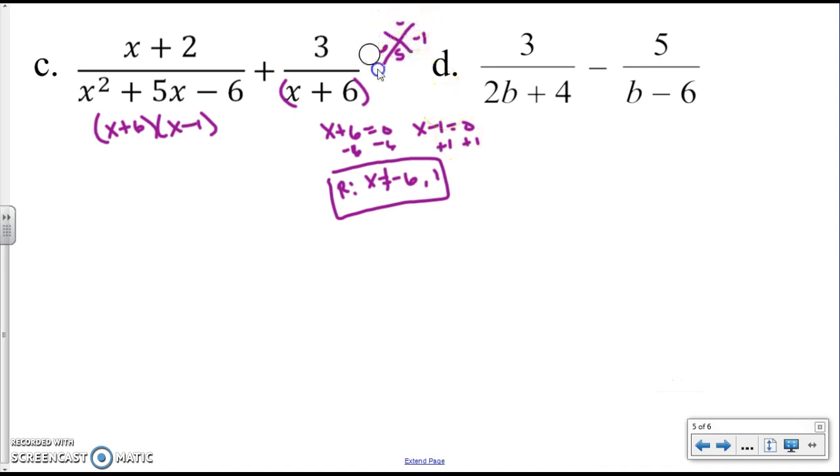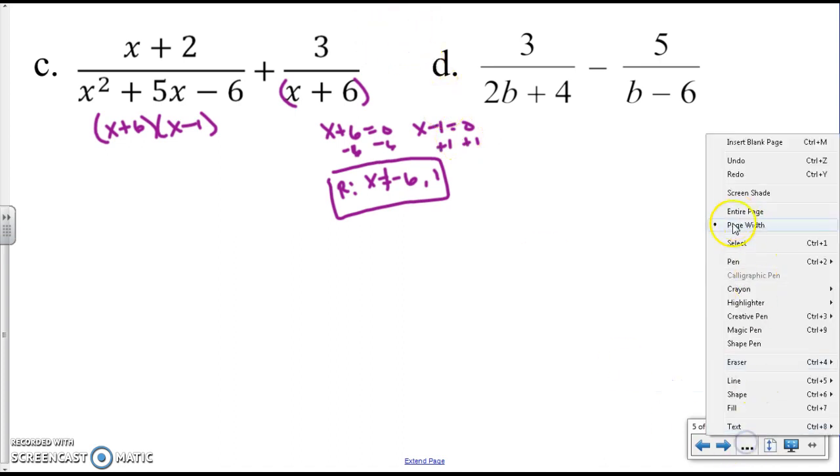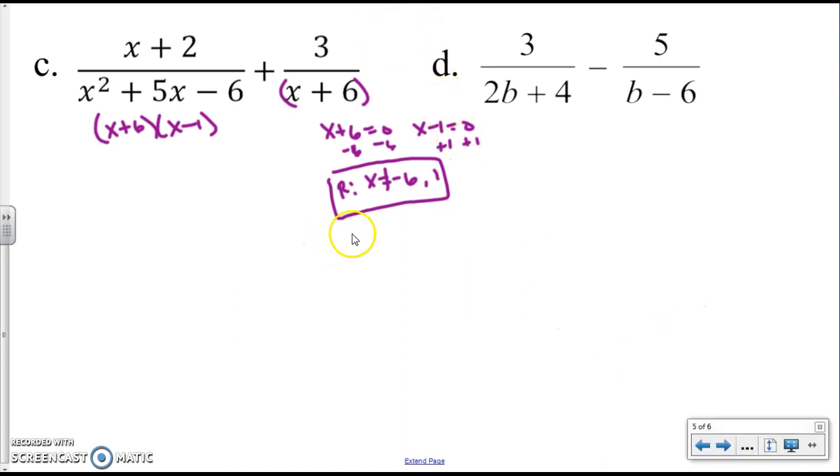Now, the next thing we need to do is look at our LCM. To find our LCM, I always start with the denominator of the first fraction because no matter what, I have to have the whole thing there. So no matter what happens, this has to be in my common denominator. Then I compare to the next fraction and make sure that's also there.